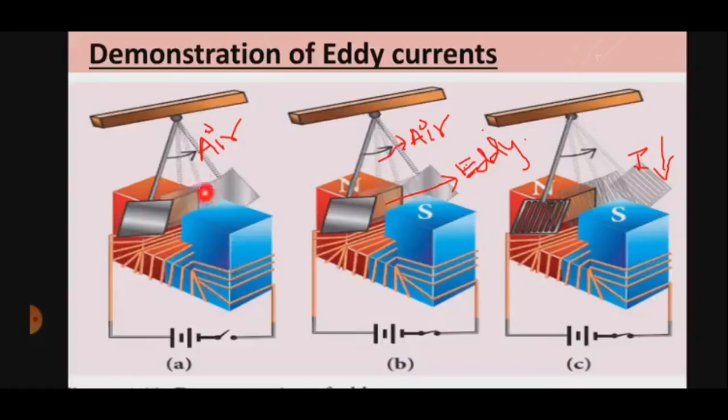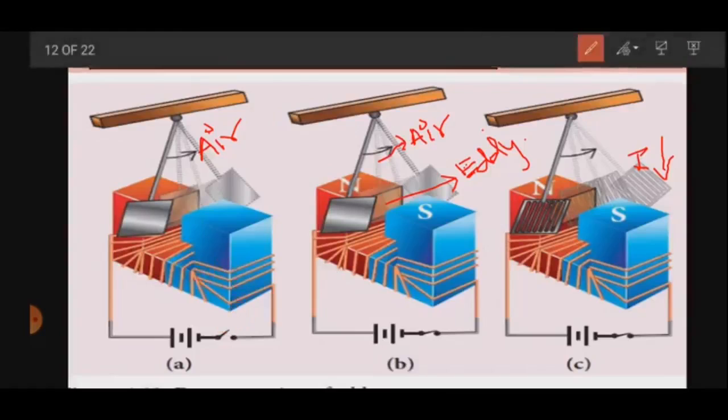Now a pendulum is suspended. This is a metal plate, called a pendulum, and it oscillates between the poles of the magnet. Now let us consider the flow of current. See, students, here the key is open. The circuit is open and no current flows in the circuit.